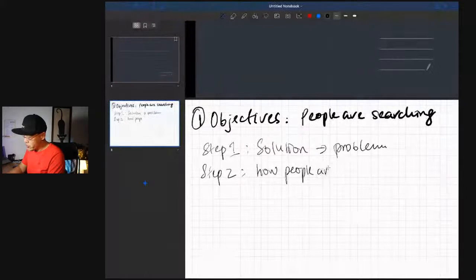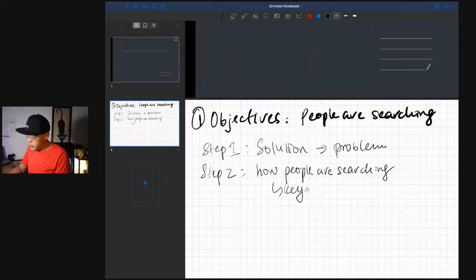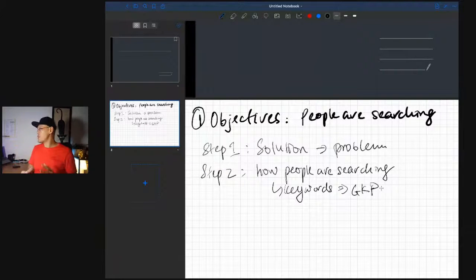At the end of the day, I want to know if there are particular keywords that people use, so I need to know the keywords that people use. This is where I go into Google Keyword Planner. On Google Keyword Planner, I'm able to type in a search term and have Google give me all the different variations of the search term, the related search terms, for example.